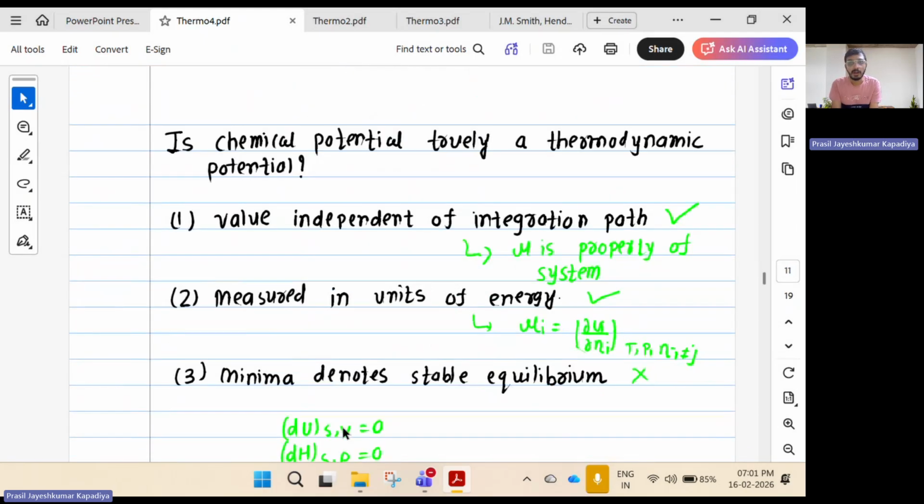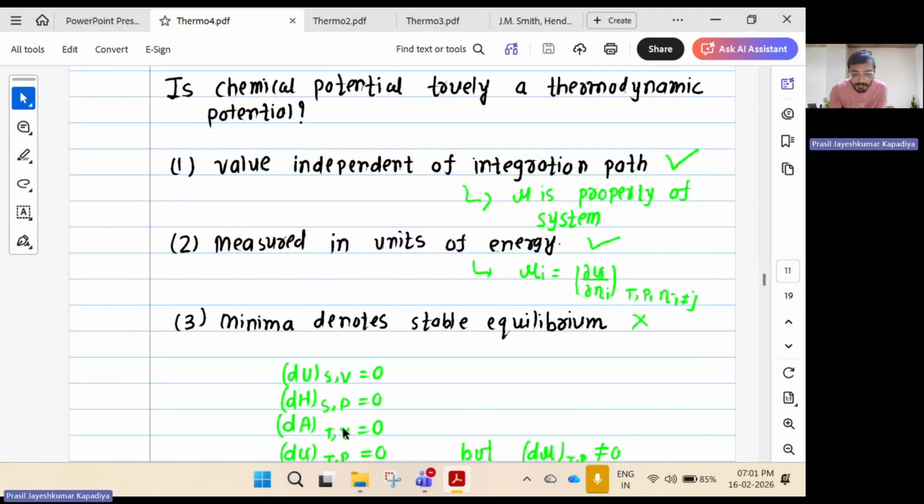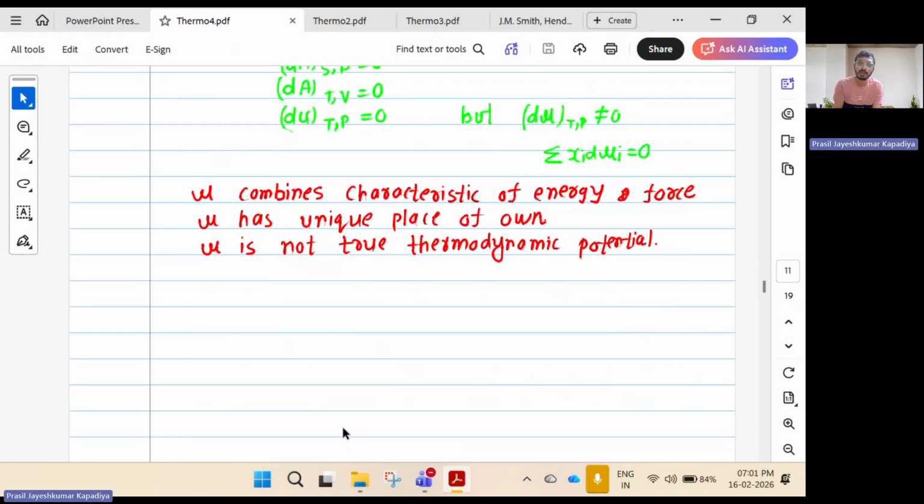Now we had a question whether chemical potential is truly a thermodynamic potential. No, it is not truly a thermodynamic potential, because its value is independent of integration path, and although chemical potential is also measured in units of energy, its minima does not denote any stable equilibrium. So it is not truly a thermodynamic potential, but it has its own unique place.